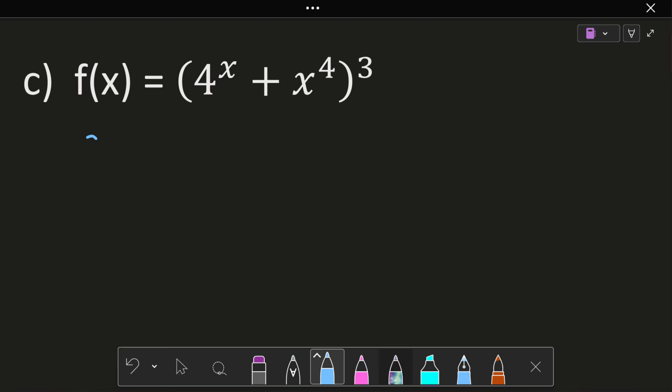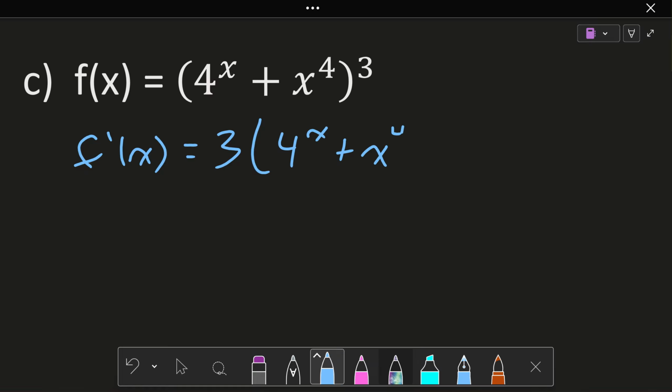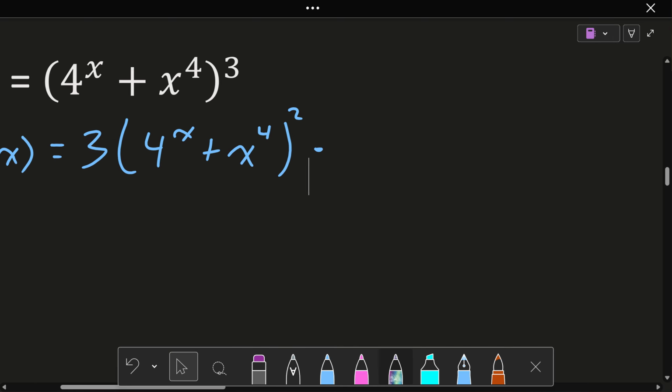So if I want to find my derivative using the chain rule, it says bring that exponent down, write everything as is, subtracting 1 from my exponent, and then times that by the derivative of what's inside.